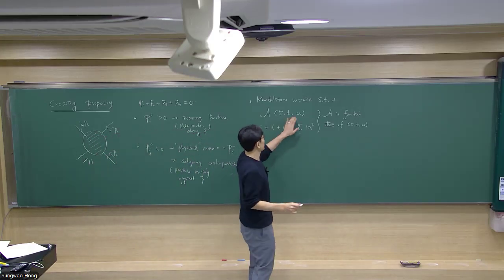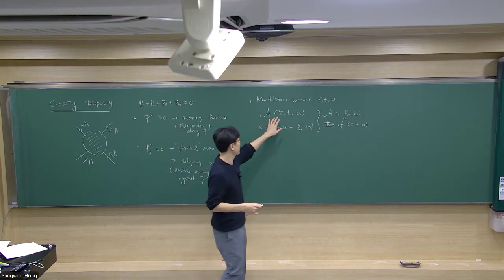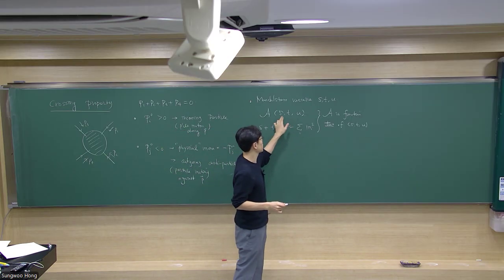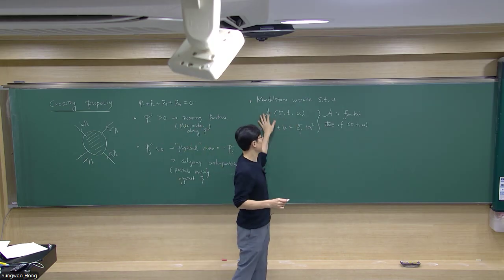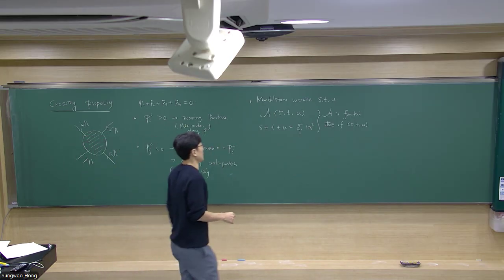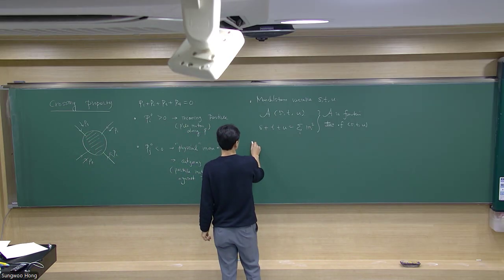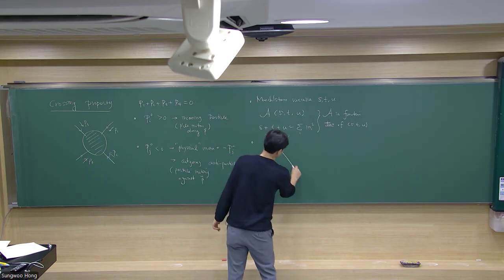But we can continue to use these three variables because they will manifest the existing structure, precisely the crossing structure in this theory or in this amplitude. So that's what we said. And so then I introduced the Mandelstam plane.